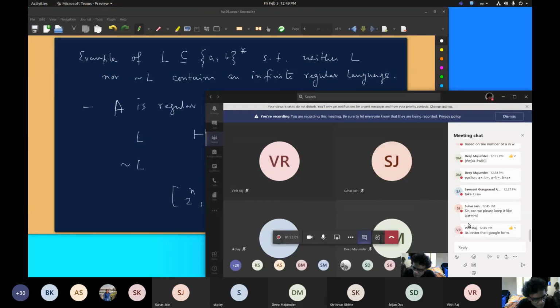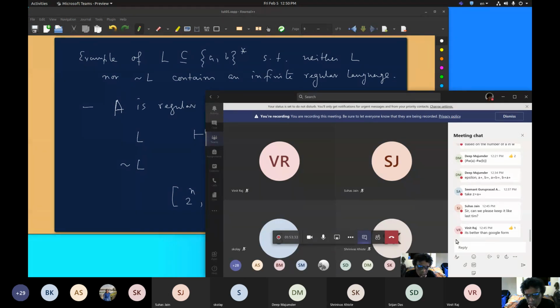But if we use CSE Moodle, even if you upload 1-2 minutes late, it will get stored. But on Google Form, the form closes at the given time. Well, that depends upon your Moodle settings. If you give some grace time, then it will remain open.